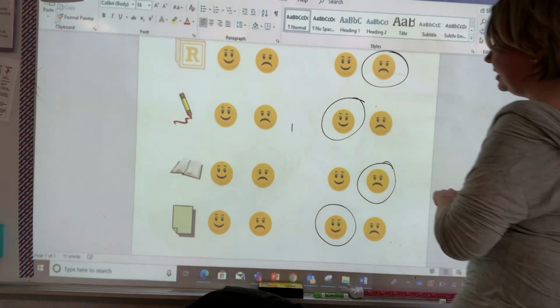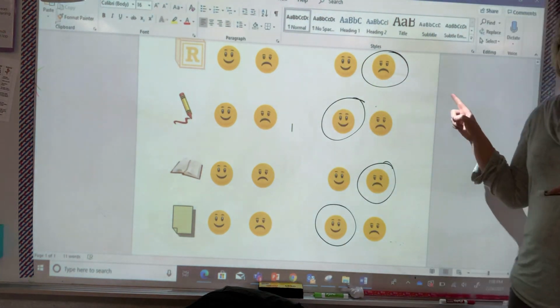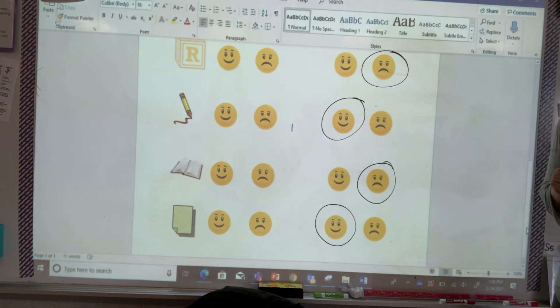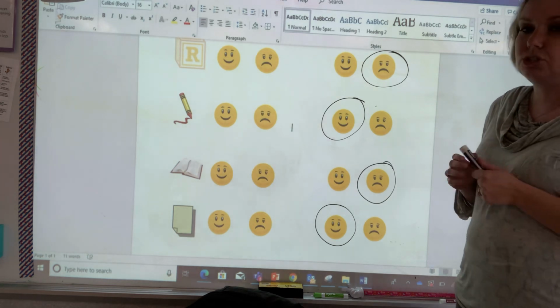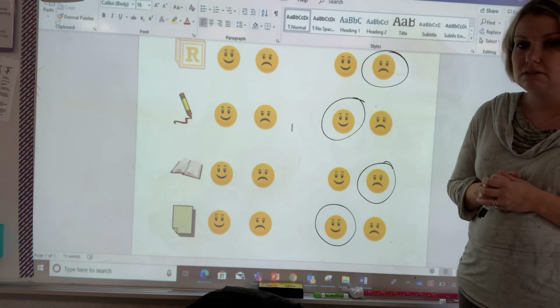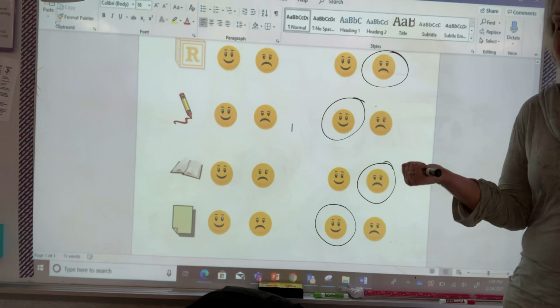Now you can see if your prediction matched your outcome. Did anyone have all of their predictions match their outcome? Raise your hand if you did. Okay, some of us did, some of us didn't.